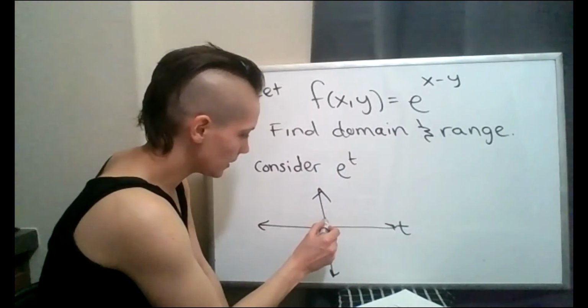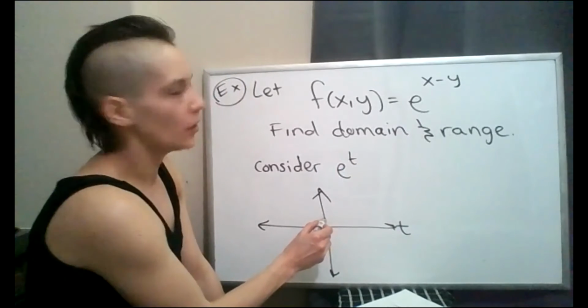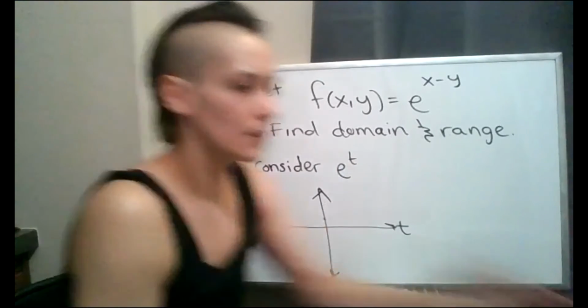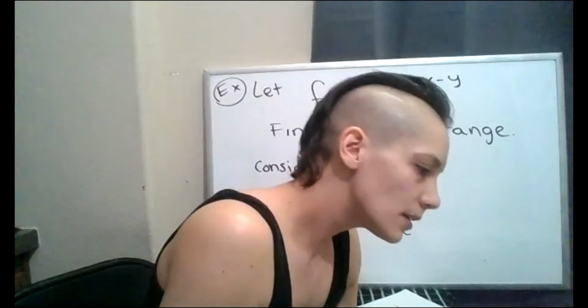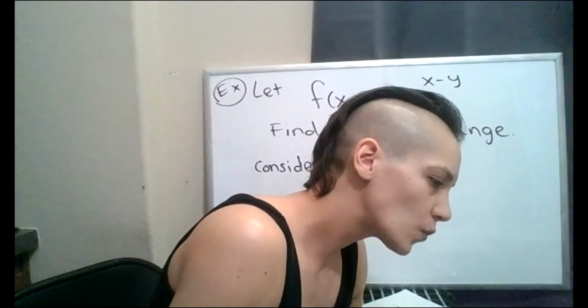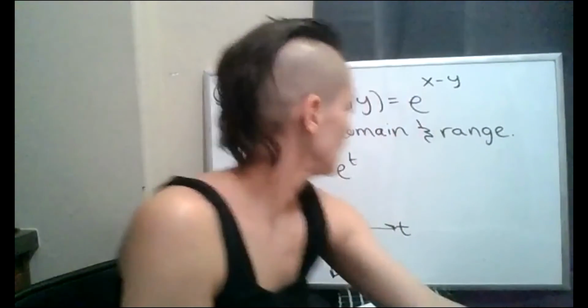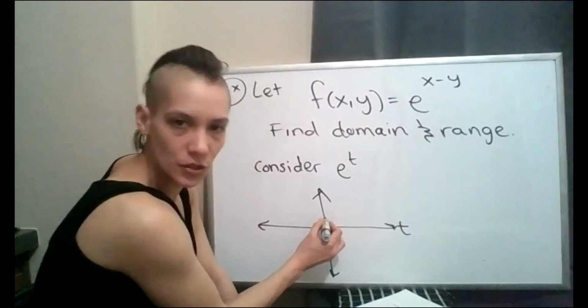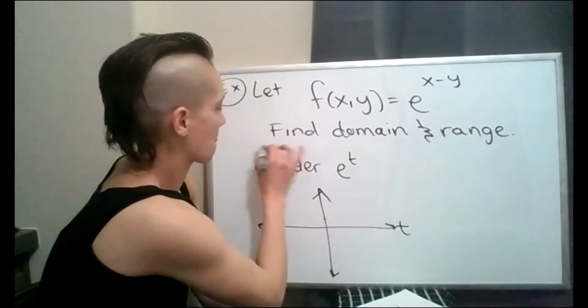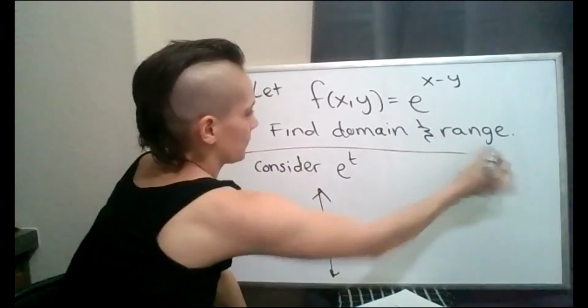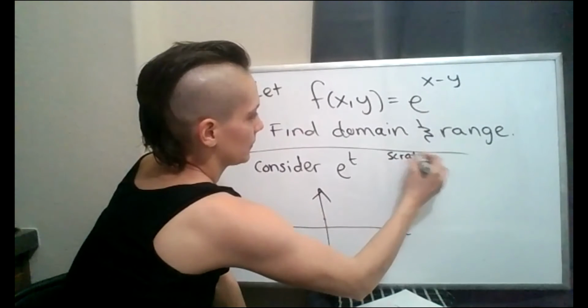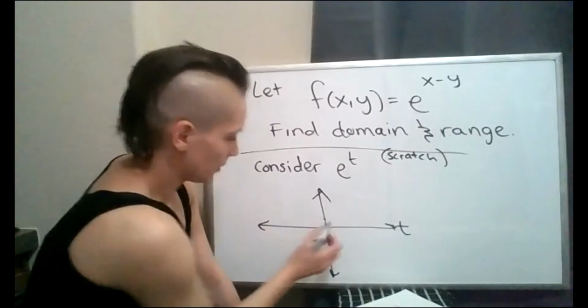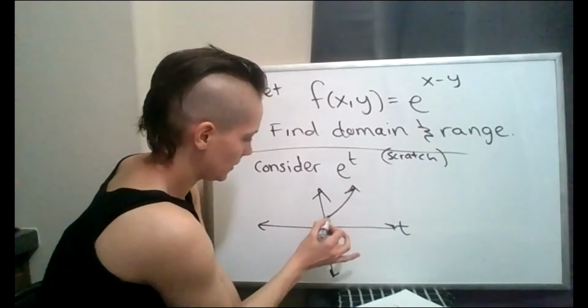So through here, and oh, actually, yeah, it's still good. There's an equal sign, and this is just for scratch work. Okay, we're gonna go slowly.